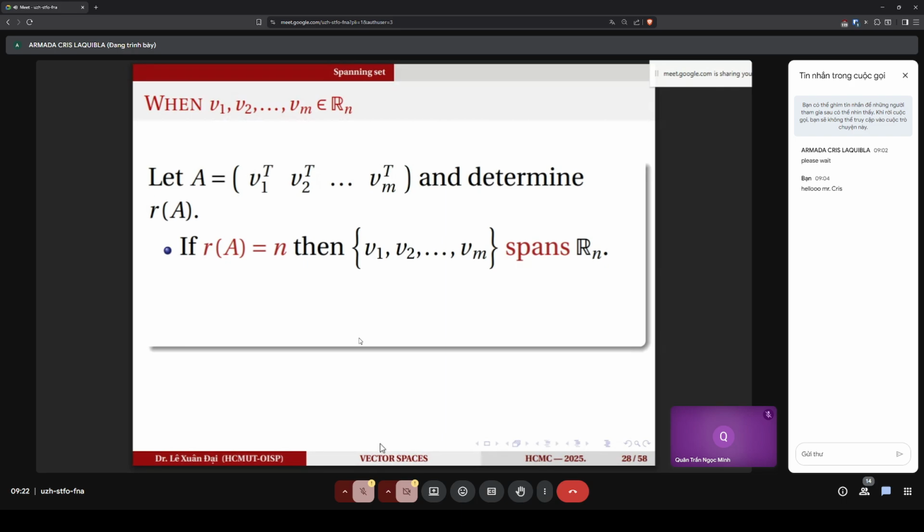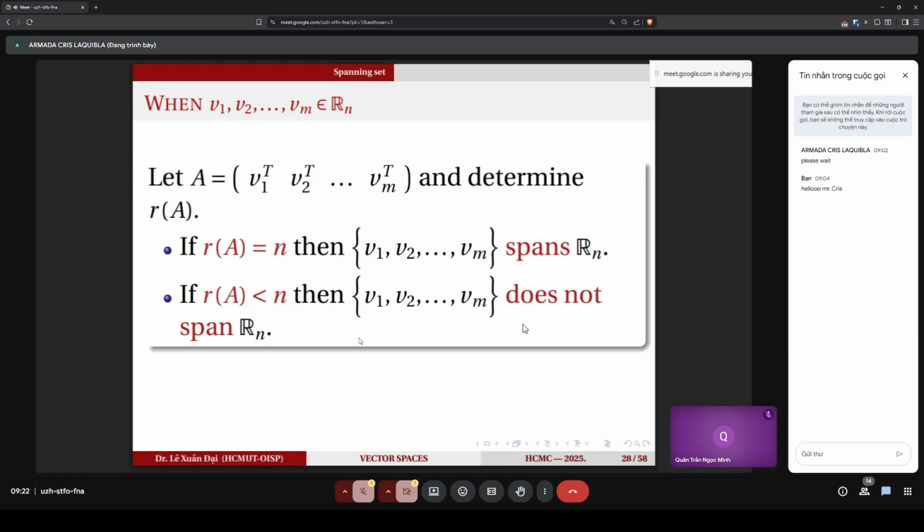And we have this. Now you see it already. If the rank of A is equal to n, then it will span Rn. Next, if the rank of A is less than n, this set of vectors from v1 to vm does not span Rn. So that's it.